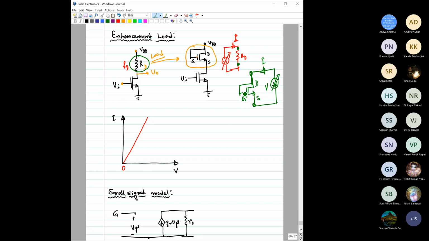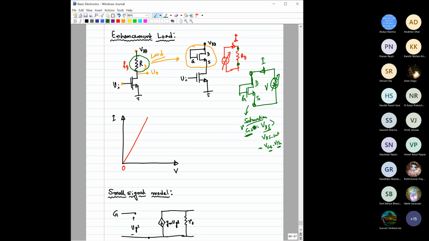Now see, the gate and drain are connected. You know that when drain and gate are connected, the transistor is always in saturation, because here VGS is equal to VDS. It is obvious that VDS is greater than VDS sat, because VDS sat is equal to VGS minus VTN. As VGS is equal to VDS, VDS is always greater than VDS sat.